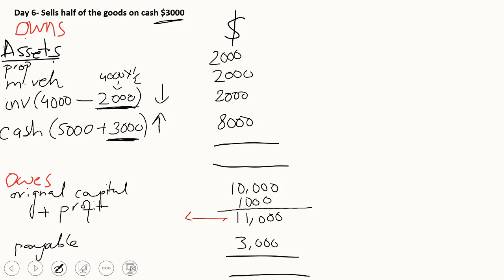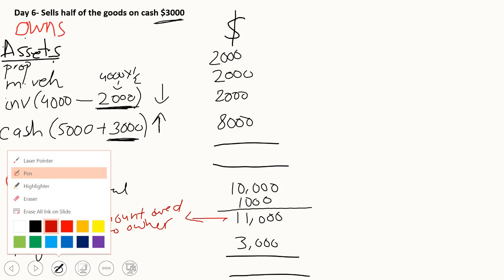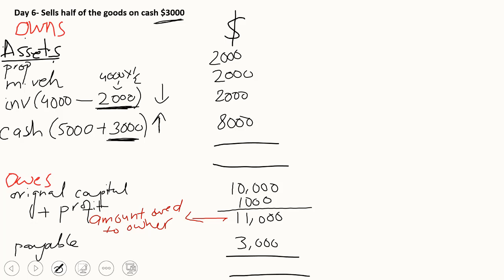This 11,000 is what? Now this is the amount owed to owner, and payable is the amount owed to someone else, a supplier in this case. So 14,000, and this side will be equal to this side.